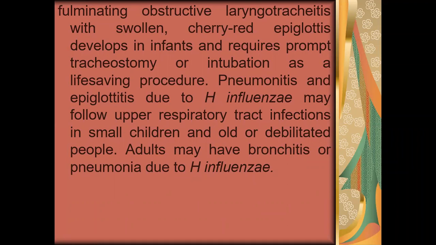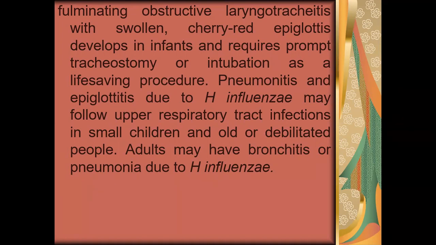Fulminant obstructive laryngotracheitis with a swollen, cherry red epiglottis develops in infants and requires prompt tracheostomy or intubation as a life-saving procedure. Pneumonitis and epiglottitis due to this bacteria may follow upper respiratory tract infections.